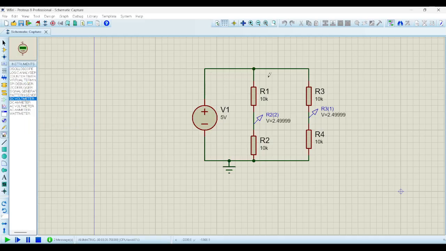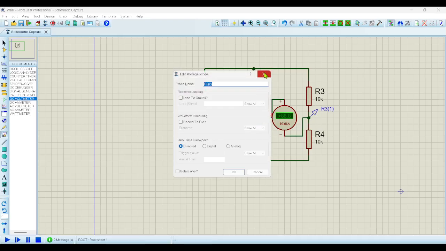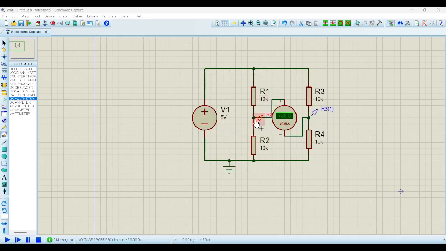a DC voltmeter. So let me stop the simulation, it's running. So if I add a voltmeter and I reference this probe in this node and this in that node, I will leave these two to see the voltage. Maybe let me just mirror this, so maybe it will be to the other side.